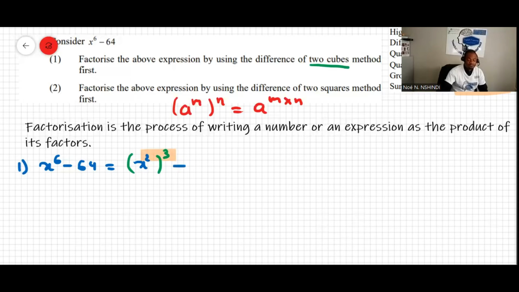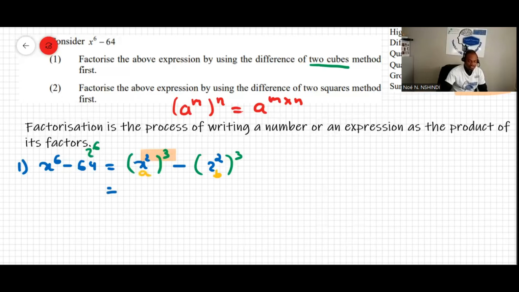Now, minus 64 is the same as 2 to the power of 6 also. So this was 2 to the power of 6. We do the same thing. So over here, we will write the power of 3, and then there we write 2 to the power of 2. Now, this will be according to the difference of 2 cubes. This is my a, and that's my b.